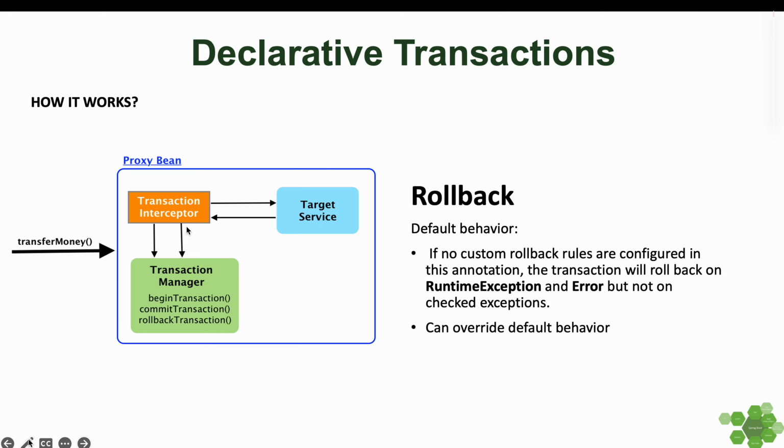Then the transaction manager will roll back the transaction. If it is an error, it will also roll back. But if it is a checked exception, nothing will happen. However, Spring does allow you to override this default behavior. So we will see as we proceed with the series how it allows you to override this default behavior.